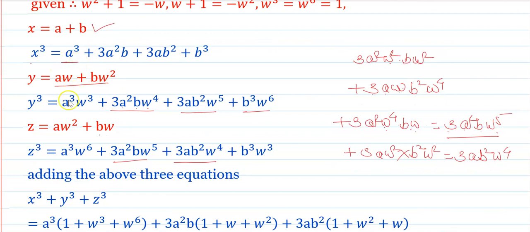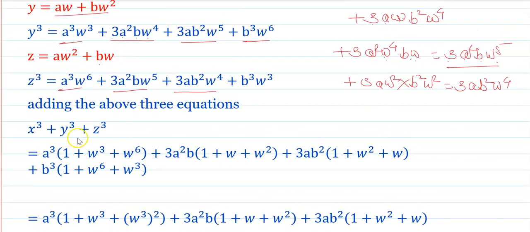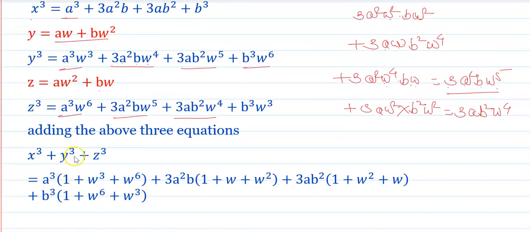First is a cube, here also there is a cube and here also there is a cube. If you collect the a cube, then in bracket you will get, in the first one what will we get, the 1. Okay, next is a omega square from this z cube, and next is the omega raised to 6.